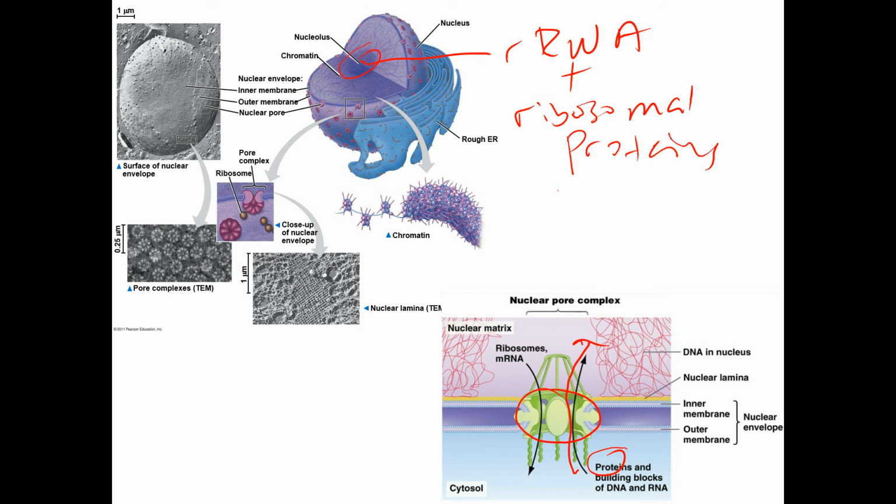Your nucleolus is responsible for synthesizing rRNA, a type of RNA called ribosomal RNA. Well, rRNA plus ribosomal proteins make up ribosomes. So the ribosomes are basically assembled and made in the nucleolus, and then they get transported outside into the cytoplasm through this nuclear pore.